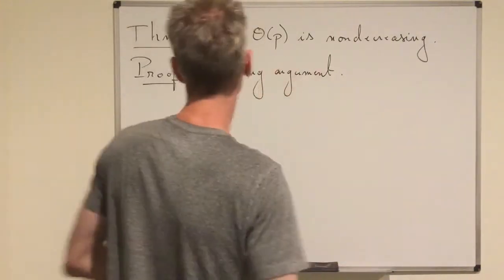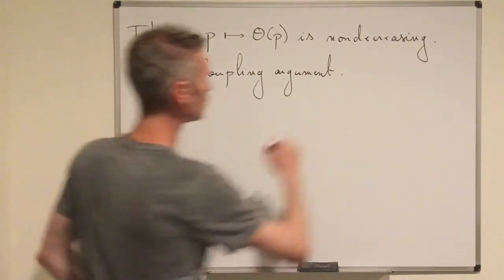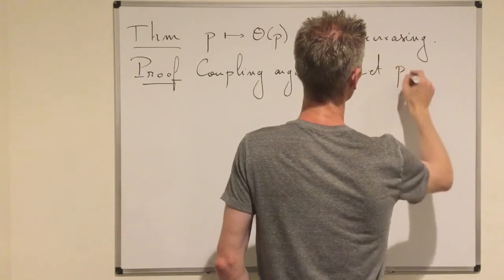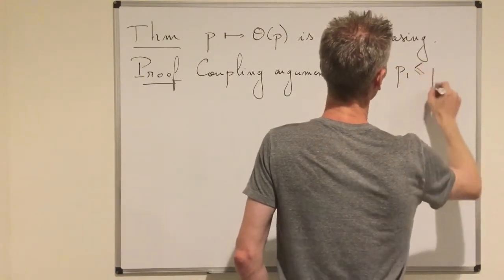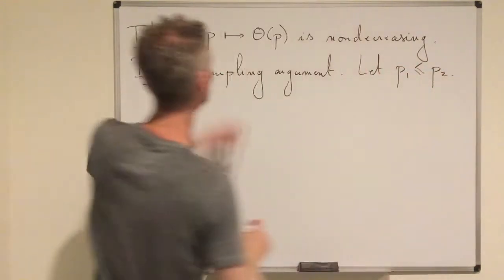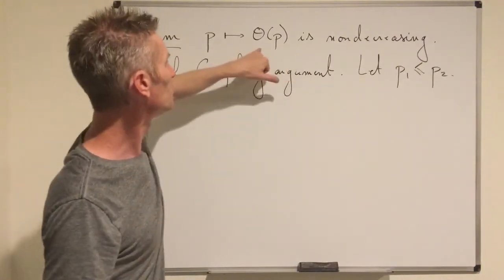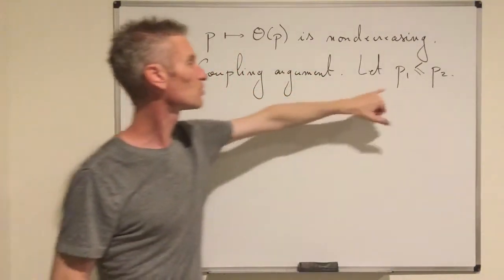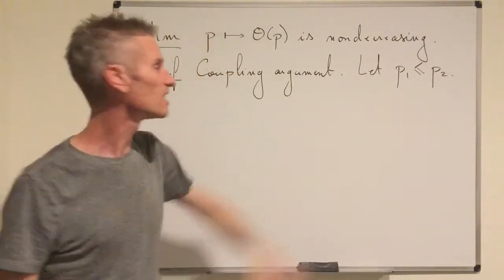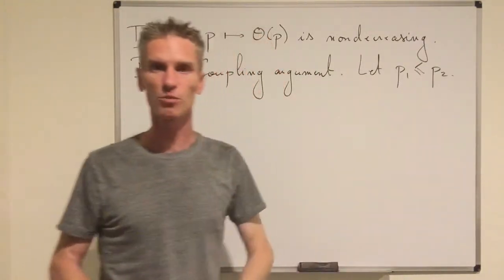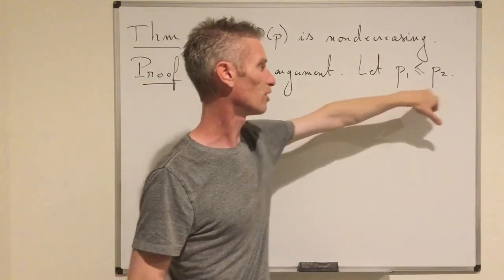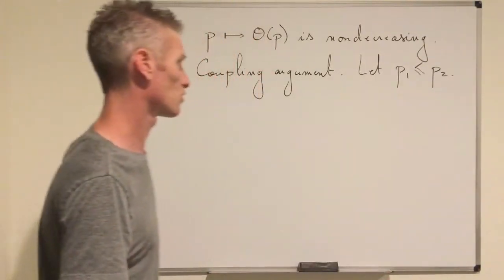So here, how are we going to proceed? First I'm going to fix p1 less than p2. And again, the goal to prove that theta p1 is less than theta p2 is to construct a bond percolation process with parameter p1 and a bond percolation process with parameter p2 in such a way that percolation for the first process implies percolation for the second process.